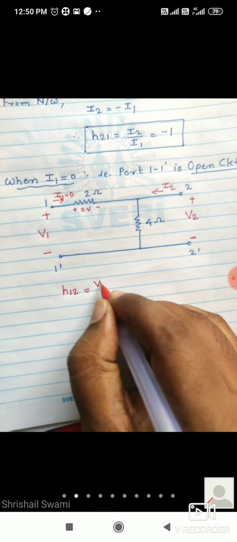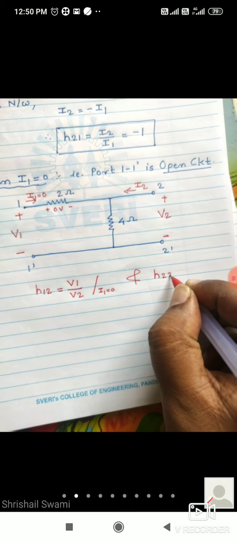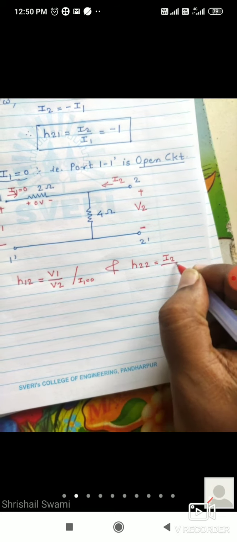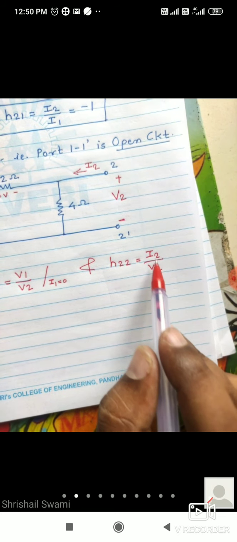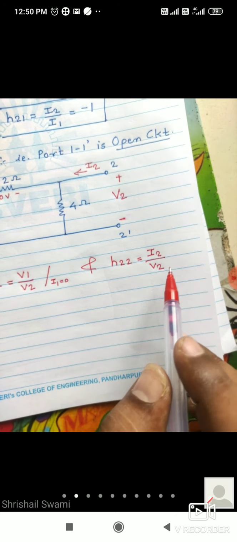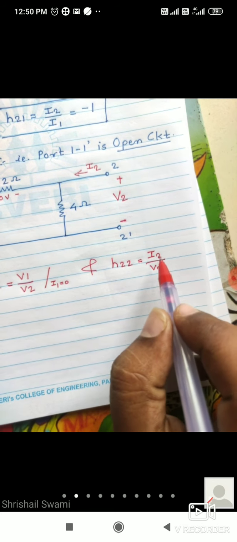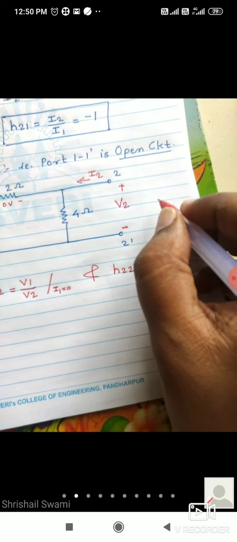H12 is equal to V1 upon V2, with the condition I1 equal to 0, and H22 is equal to I2 upon V2. Whenever it is I2 upon V2, V2 upon I2, V1 upon I1 or I1 upon V1, that is, whenever the variables are of the same port and it is I upon V or V upon I, straightforwardly find out Z equivalent.